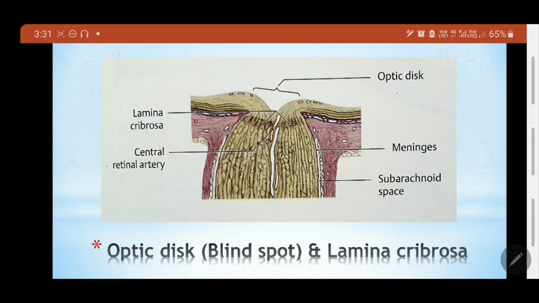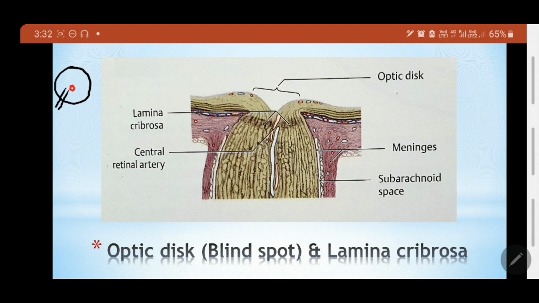Now what you are seeing is the optic disc, also called the blind spot, and the lamina cribrosa. As I have already told you, if you see the eyeball from behind, let's say it's the right eye, it's this point from where the optic nerve emerges, and here is the fovea centralis.